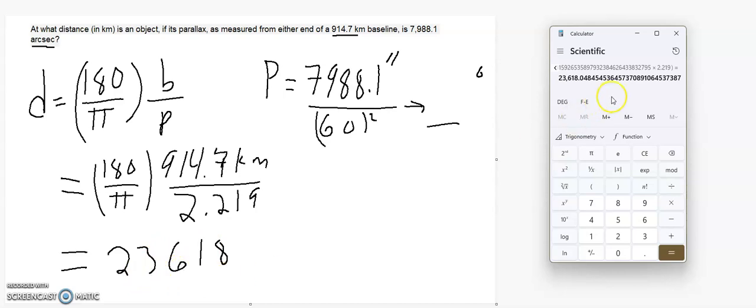And so this is what you get, right? There it is. Let's say it was rounded to 1 place past the decimal, since that's a 0 and the next digit is a 4, you just type 23,618, right? And so the answer is supposed to be in kilometers.